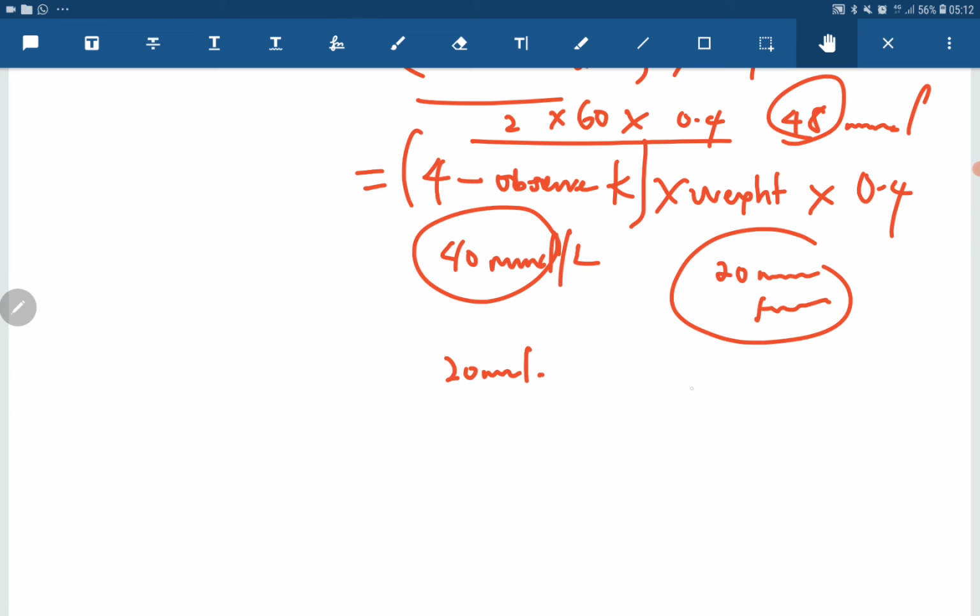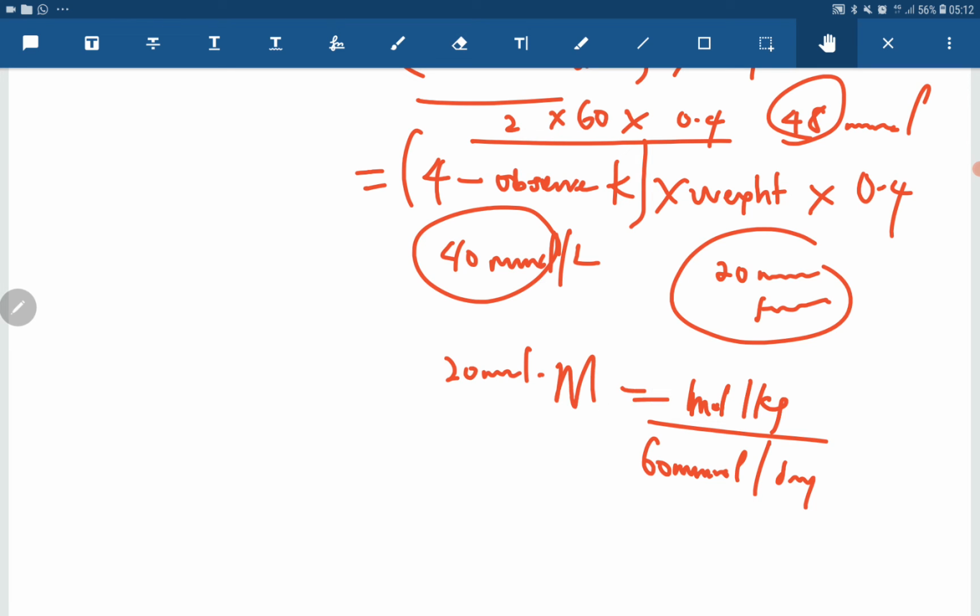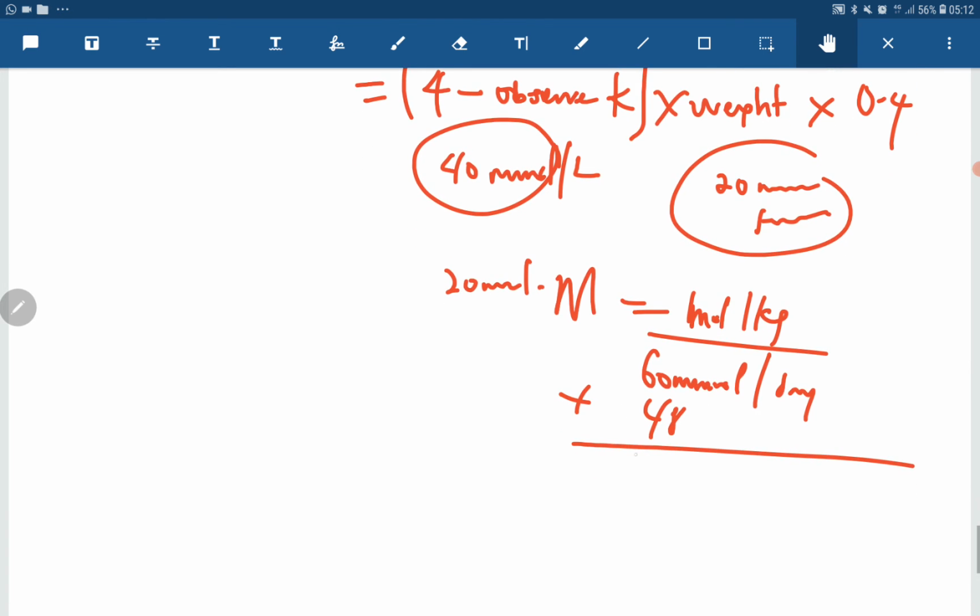How do you maintain? You talk about the value in millimole per kg. We use 1 millimole per kg for maintenance, so for 60 kg, that will be 60 millimole per day. So 60 millimole per day is the maintenance, and we have a deficit of 48, so plus the 48, this is about 108.